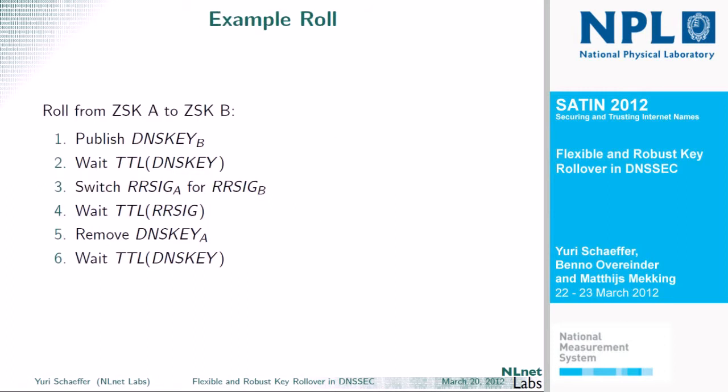For example, this is a ZSK pre-publication rollover, which is just do something, wait some time, do something more, wait some more time, etc., etc. So, that's great. Now I want to write some program that does these rollovers automatically. So I'll just implement the recipe.